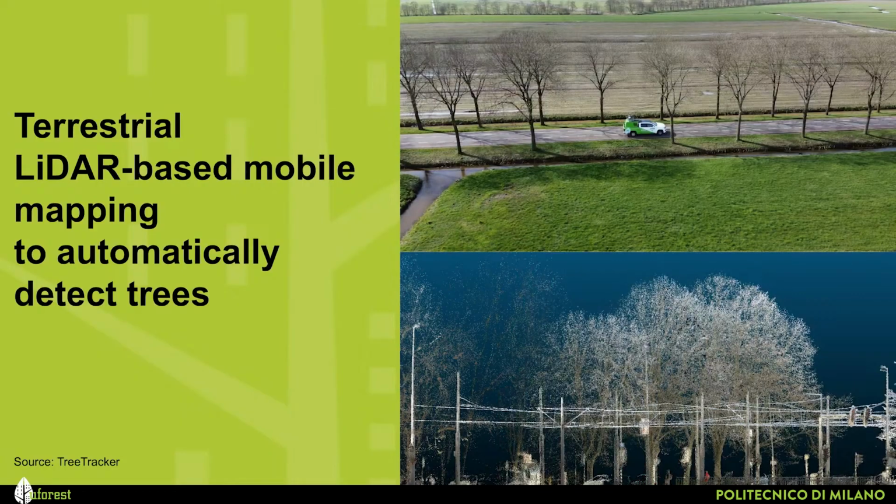I want to take you through the first example, and that is terrestrial LiDAR-based mobile mapping to automatically detect trees. Tree inventories are an essential part of an urban forest master plan. An urban forest master plan is absolutely critical to understanding which trees are where, so that you can understand what you need to do when.